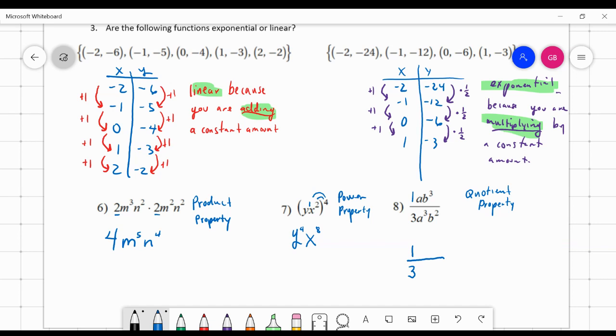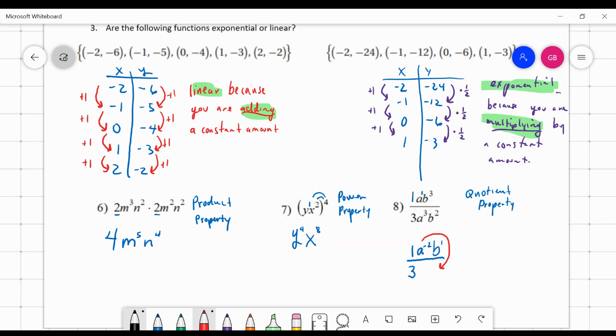Okay. Remember, a has an exponent of 1. So we're going to subtract 1 minus 3 to get a to the negative 2 power. And then we're going to subtract 3 minus 2 to get b to the first power. And remember that the negative exponents, you move to the bottom.